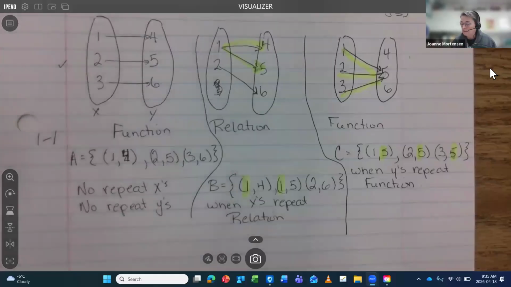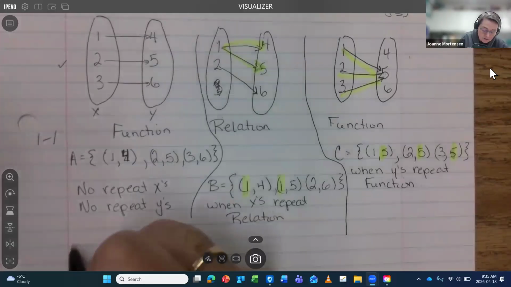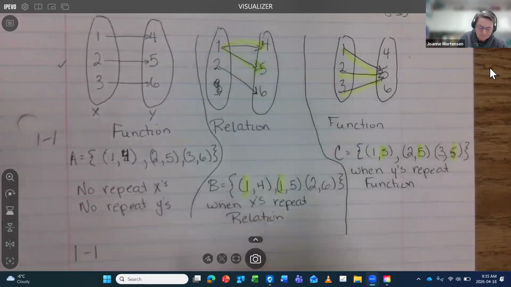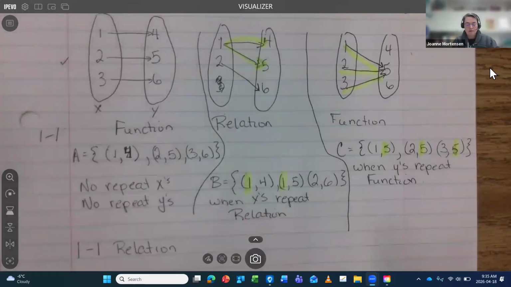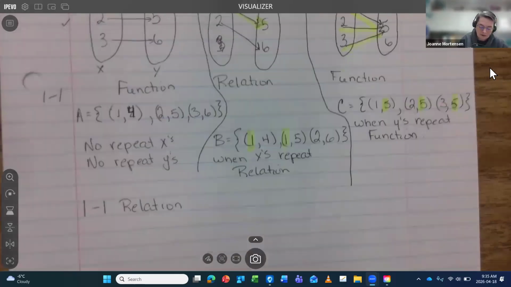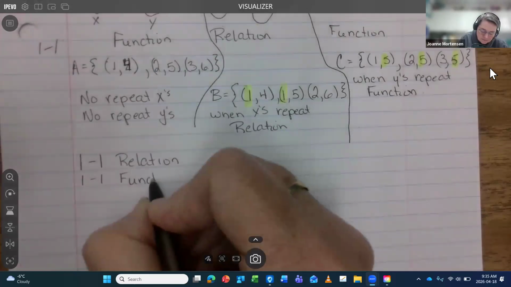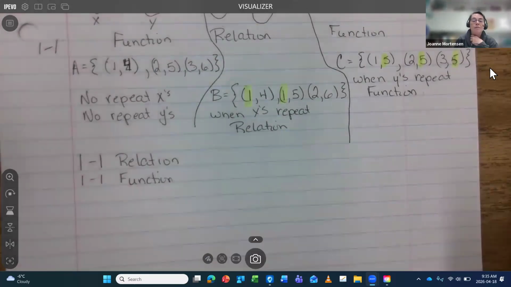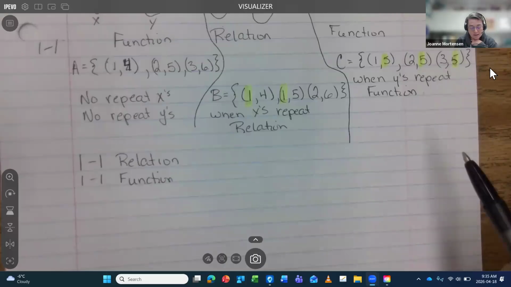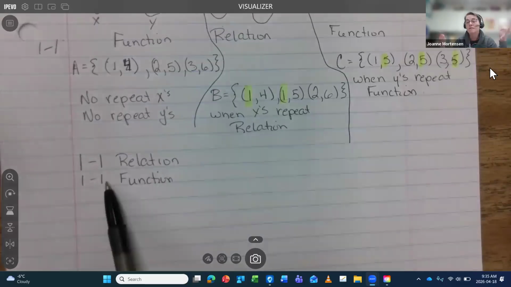And while we're at this, this is called a one-to-one. I either call it a one-to-one relation or a one-to-one function, because they're all relations.